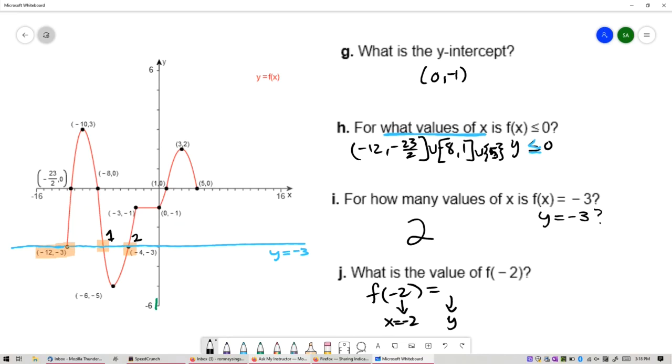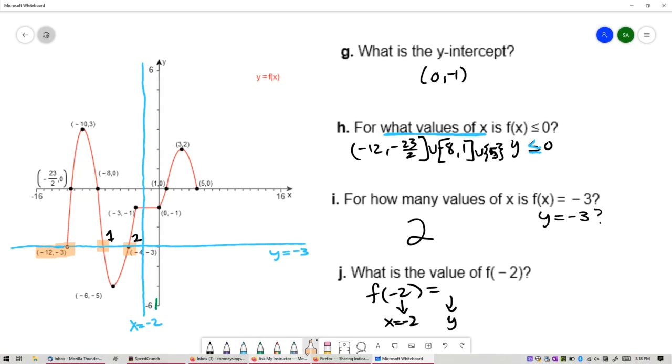And so I'm looking for an ordered pair on this graph that has an x of -2. So I'm going to draw a vertical line at x equal -2. And that vertical line at x equal -2 shows me all of the ordered pairs on this coordinate plane that have an x of -2.